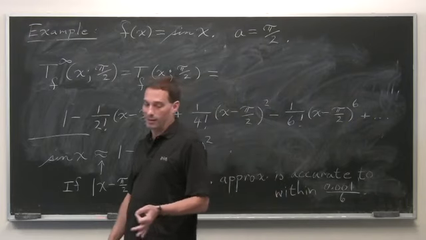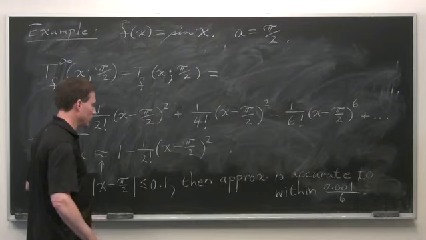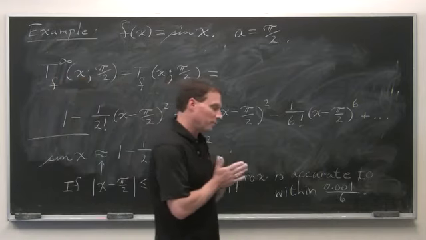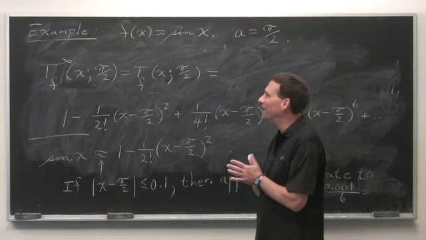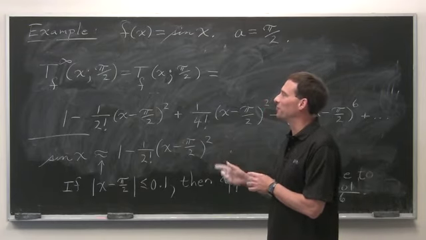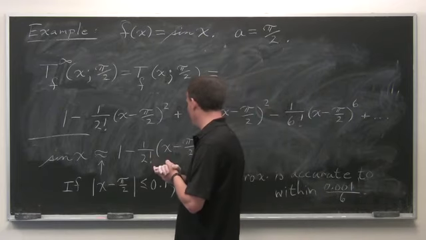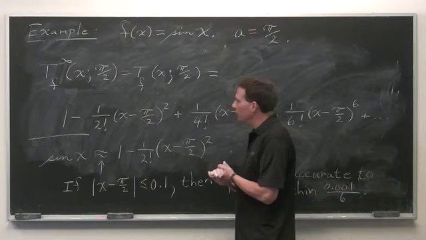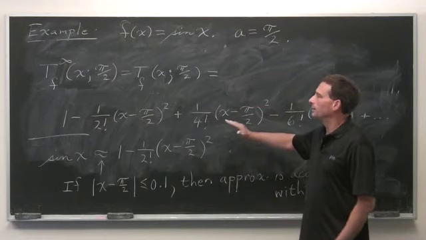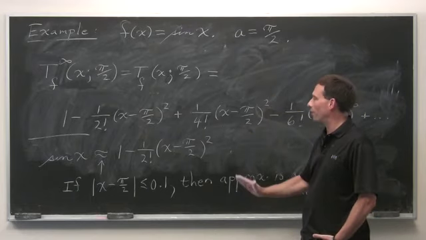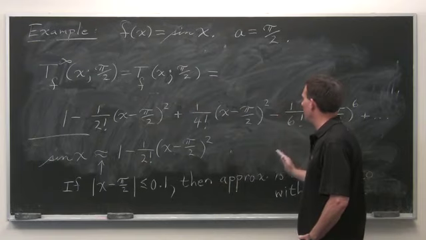So that's pretty good. I want to say one more thing about this before we stop with this section. Okay, two more things. I want to say one more thing about this specific example, and then say a general thing. You should notice that for the Taylor polynomials for sine centered at pi over 2, you get the Taylor polynomials just by chopping off this Taylor series at whatever order.